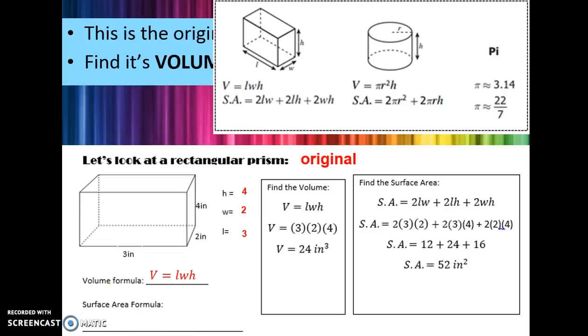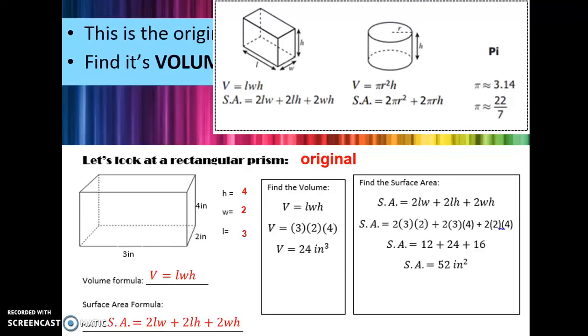And then we also have our surface area formula, which is surface area equals 2LW plus 2LH plus 2WH. And we can rearrange those because of the commutative property of addition. So if we wanted to write 2LH plus 2LW plus 2WH, that would be okay. But this is typically how you're going to see it written and how you'll find it on your formula sheet, which you should have gotten as well.